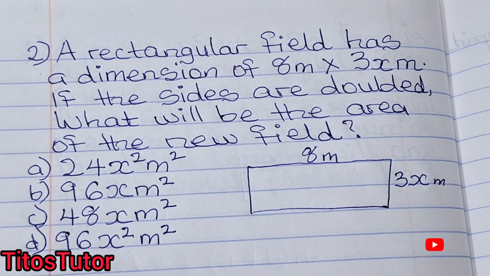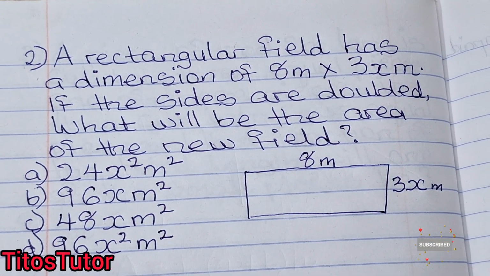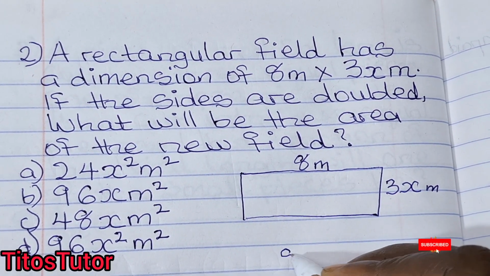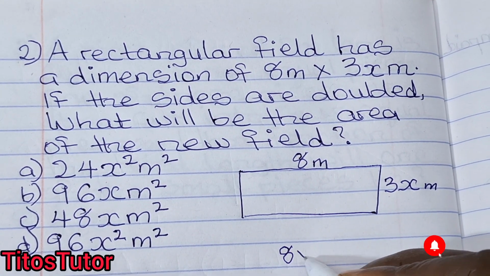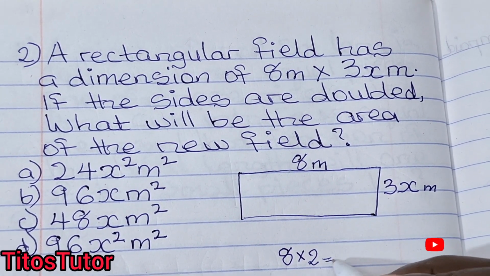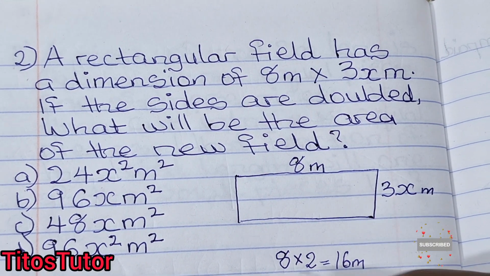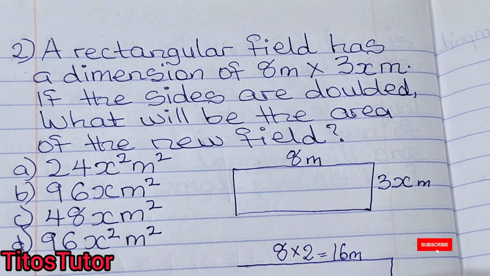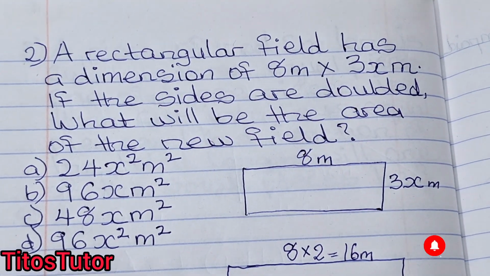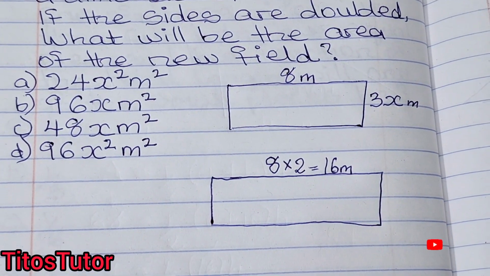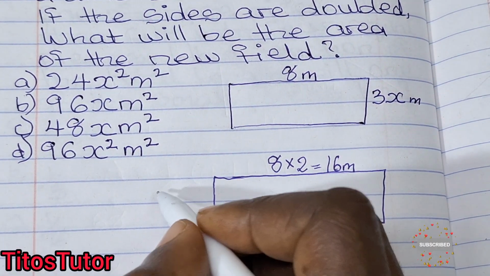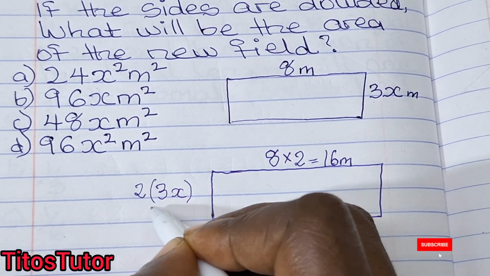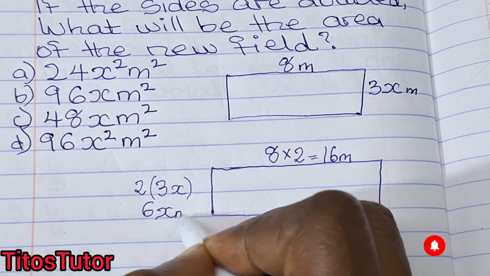The question says, if I double it, I'm going to have the first one as the length as 8 times 2, which is 16 meters. So this is going to be 16 meters. It's a sketch. It isn't drawn to scale. Then this will be 3x multiplied by 2, which is 6x meters.